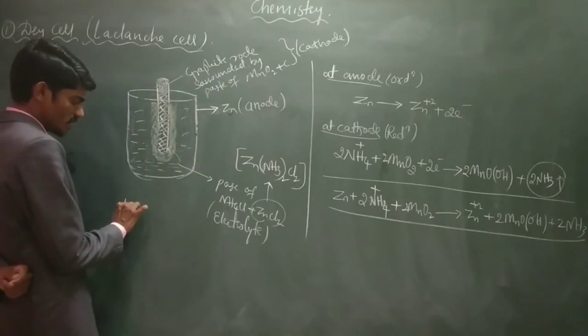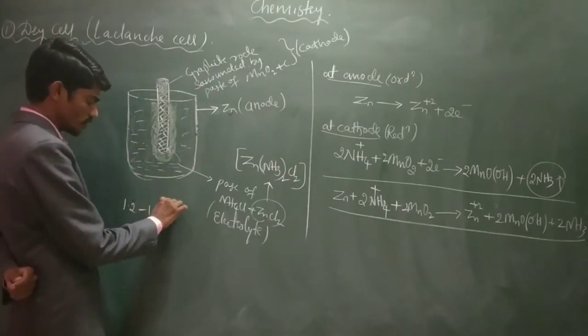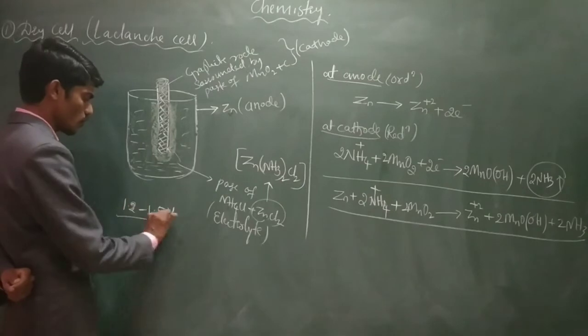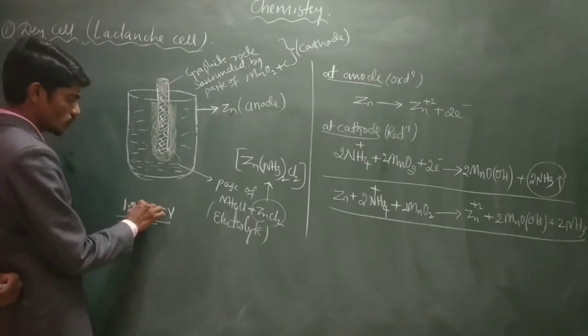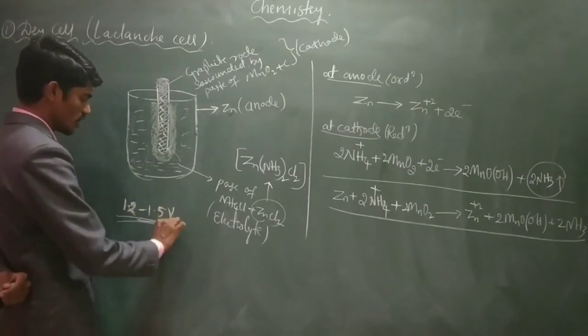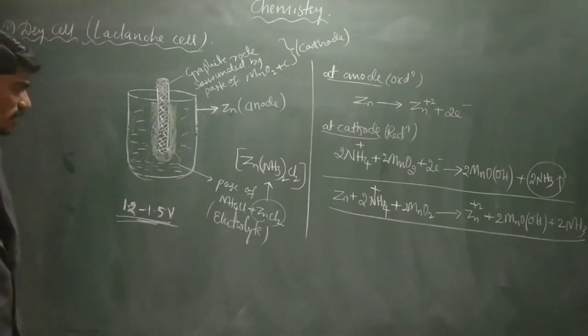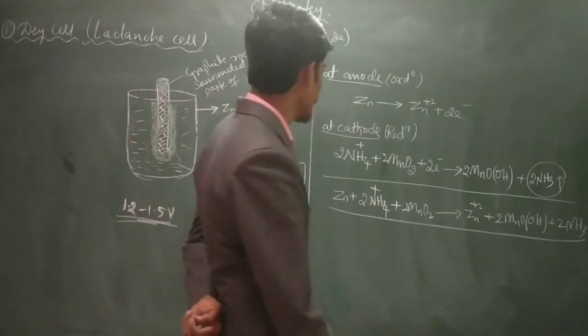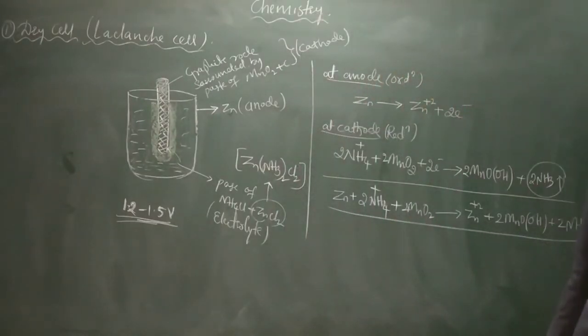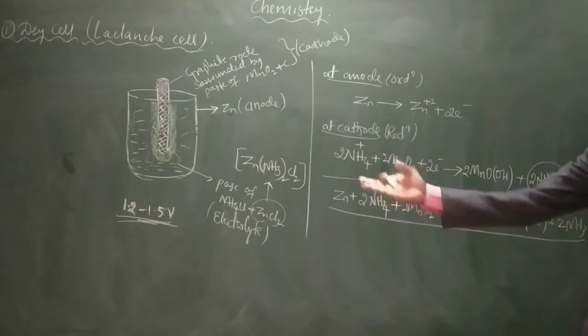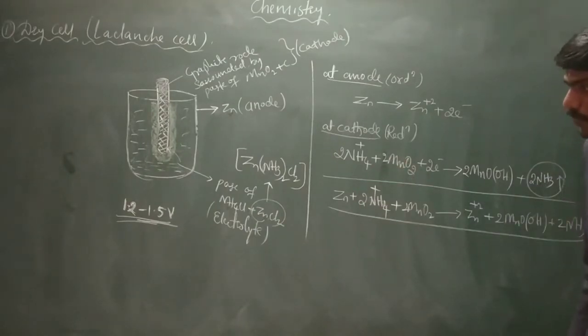In this case the voltage of this battery is around 1.2 to 1.5 volt, so 1.2 to 1.5 volt of current is generated. This is the capacity of this primary battery. The capacity of a dry cell is 1.2 to 1.5 volt.